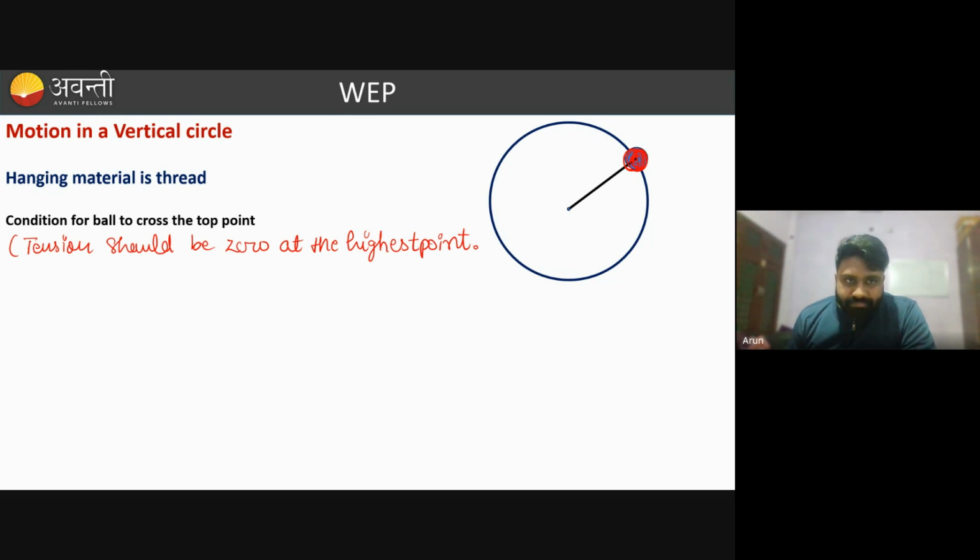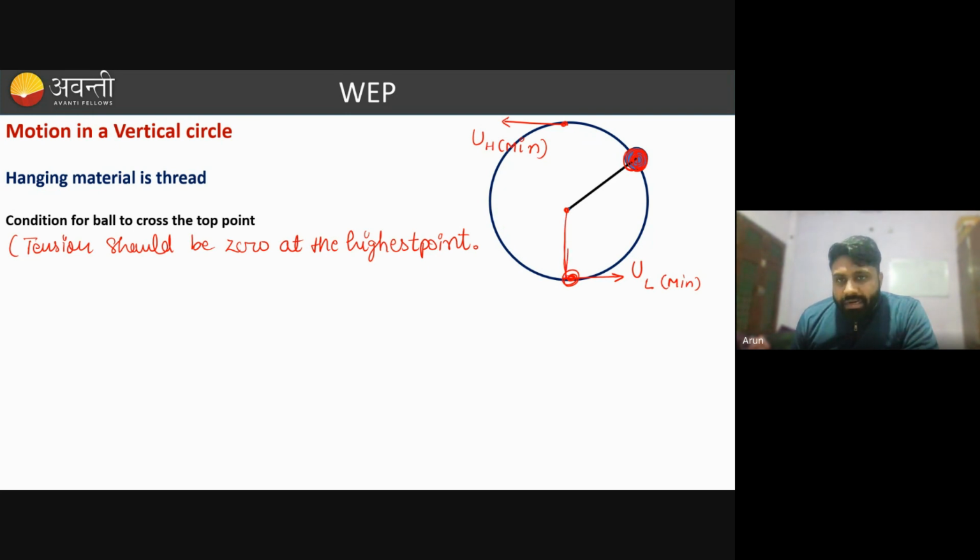complete the circle. Now, what should be the minimum velocity at the lowest point so that it will complete the circle? This is u at lowest point, minimum, and here we have u at highest point, minimum. So what is the critical speed so that it will complete the circle?